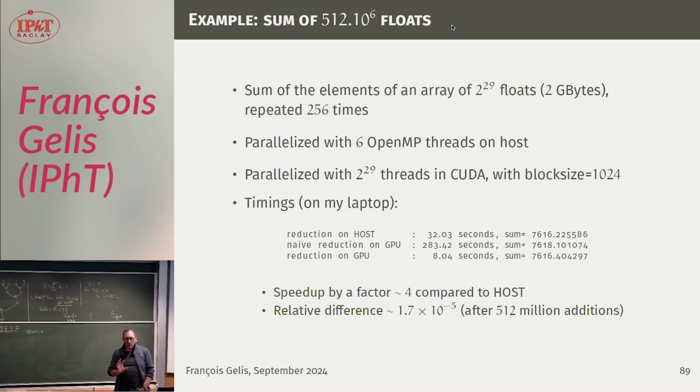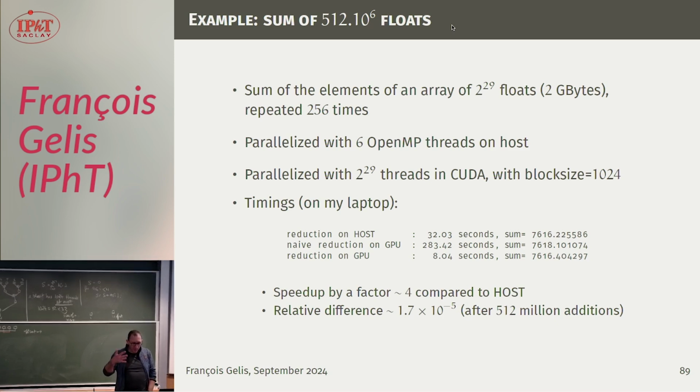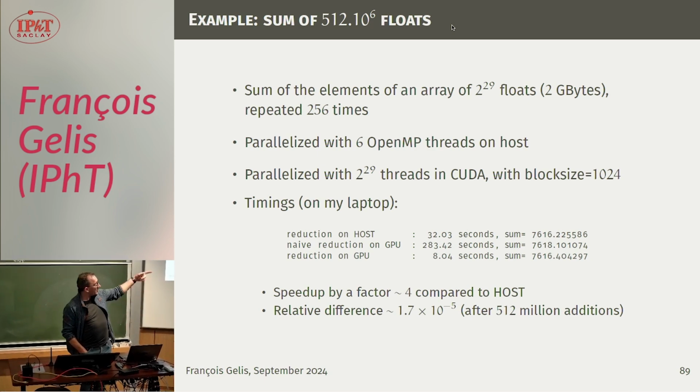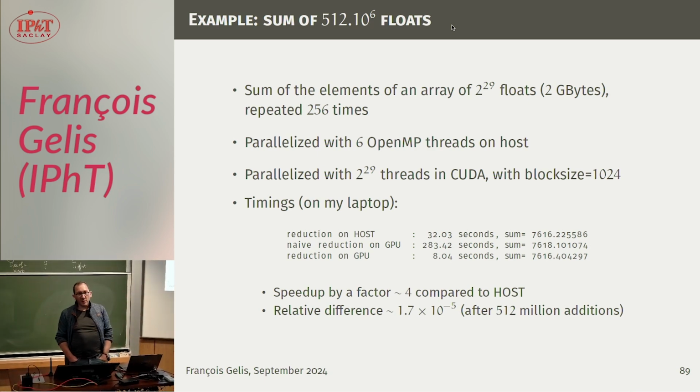If it's just memory bound, you would expect this time to double, for instance, because you just have to read twice more data in memory than you would with single precision. If it's compute bound, because on my laptop the peak performance, so the number of operations per second, is, I think, 32 times less in double precision than in single precision, then the time will really explode. If it's memory bound, there will be a slowdown, but less.